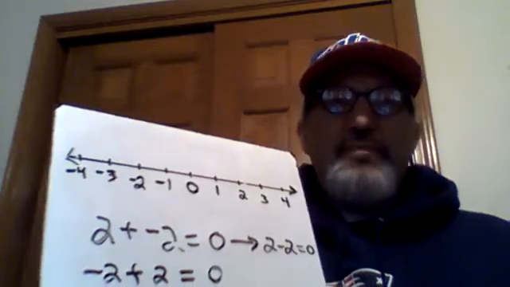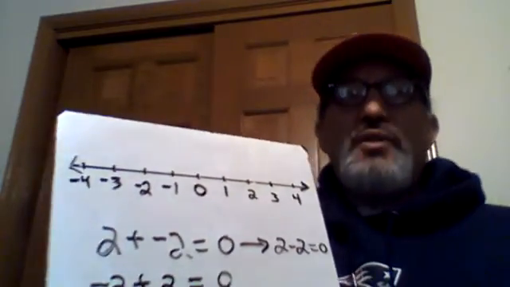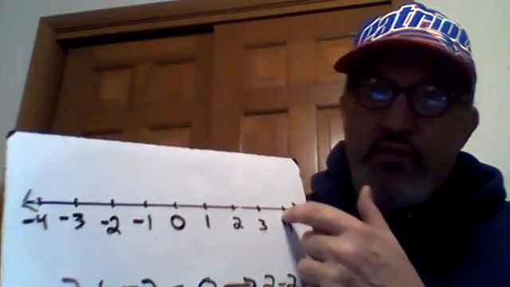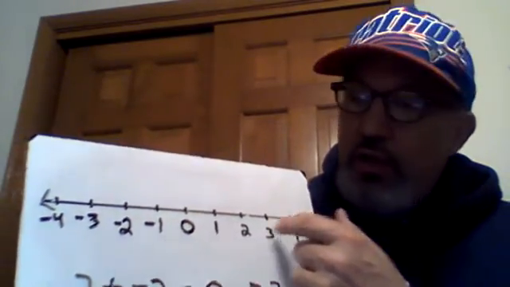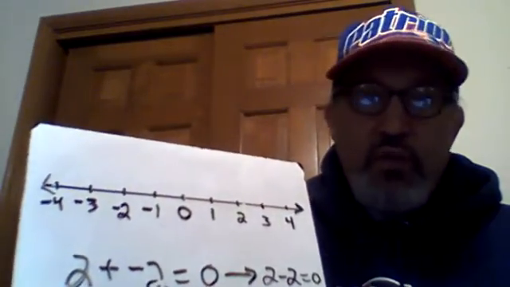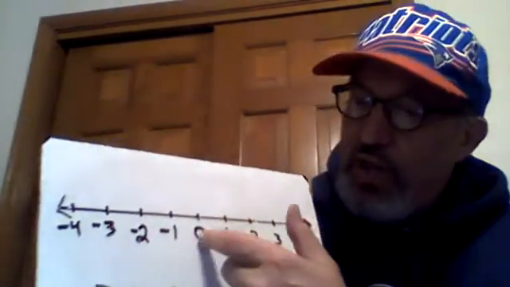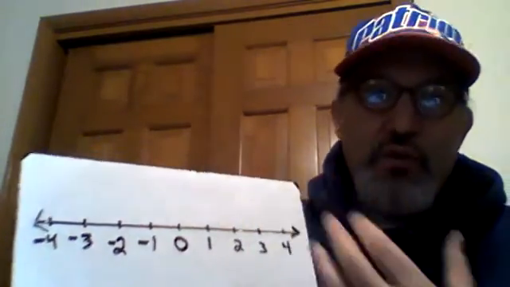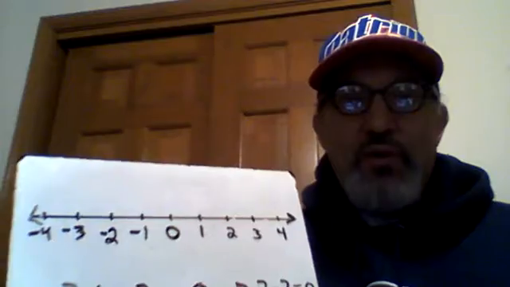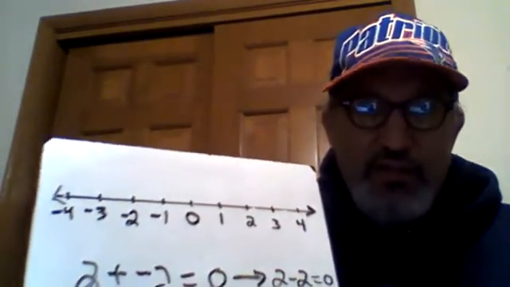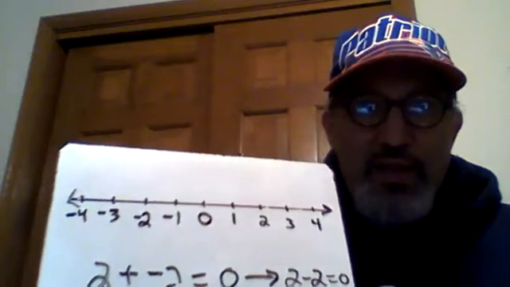We don't really talk about this that much in the lower grades because it's kind of obvious that the number 4 is 4 units away from 0. And even later on when fractions are introduced, it's kind of obvious that 3.5 is 3.5 units away from 0. But the numbers that are to the left of 0 have a certain distance away from 0 as well.